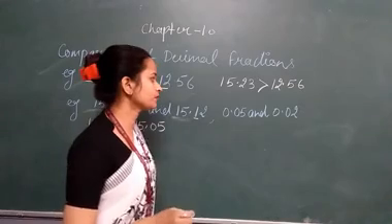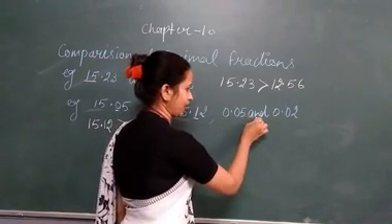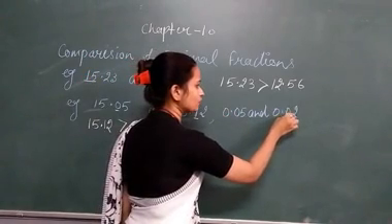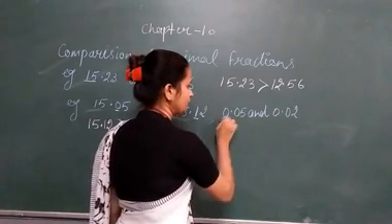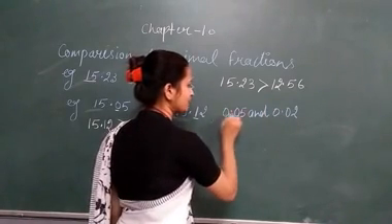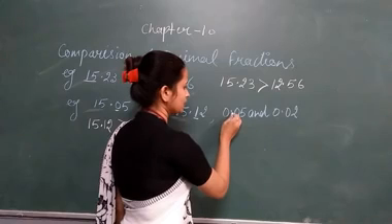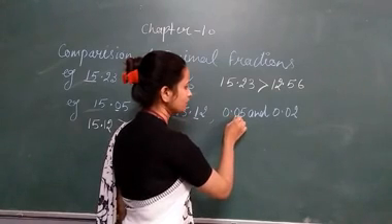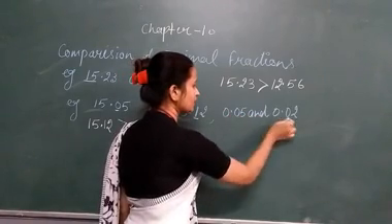The next example, 0.05 and 0.02. We can see here whole number is same and the decimal fraction at tens is also same.